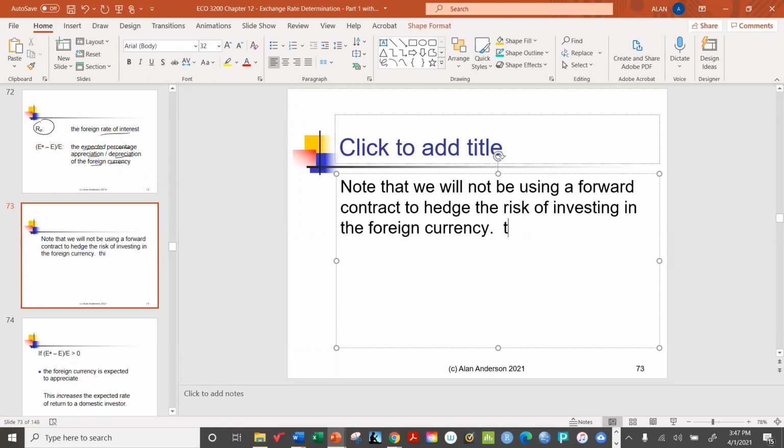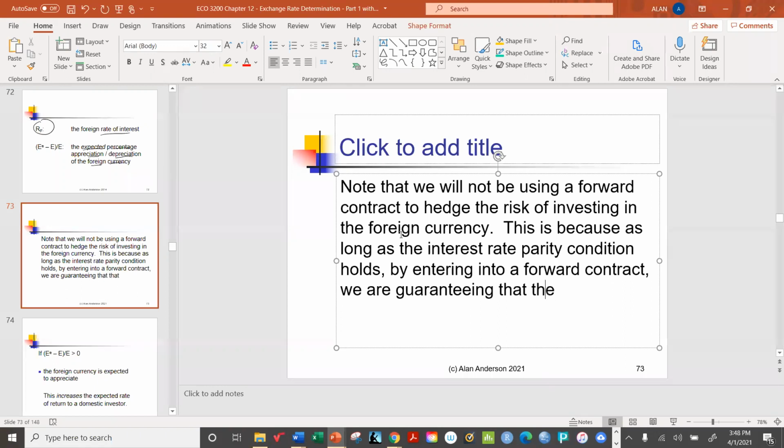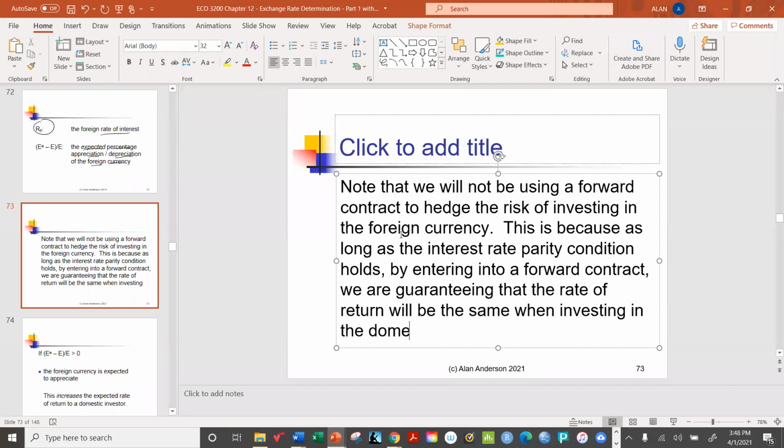This is because, as we've seen, as long as the interest rate parity condition holds, by entering into a forward contract, we are guaranteeing that the rate of return will be the same when investing in the domestic and the foreign currency. So that kind of defeats the whole purpose of investing in the foreign currency.